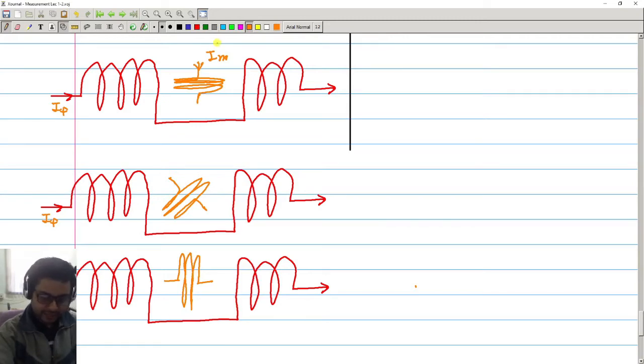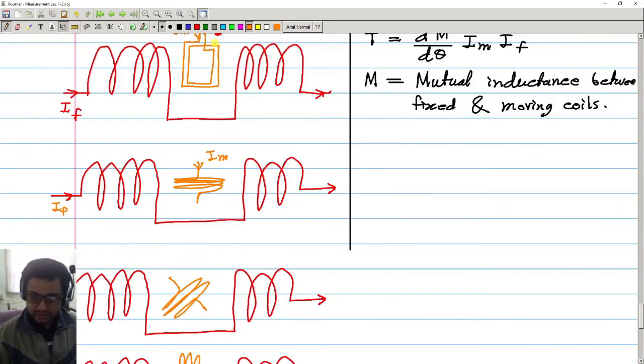What is mutual inductance? Let us first write that.